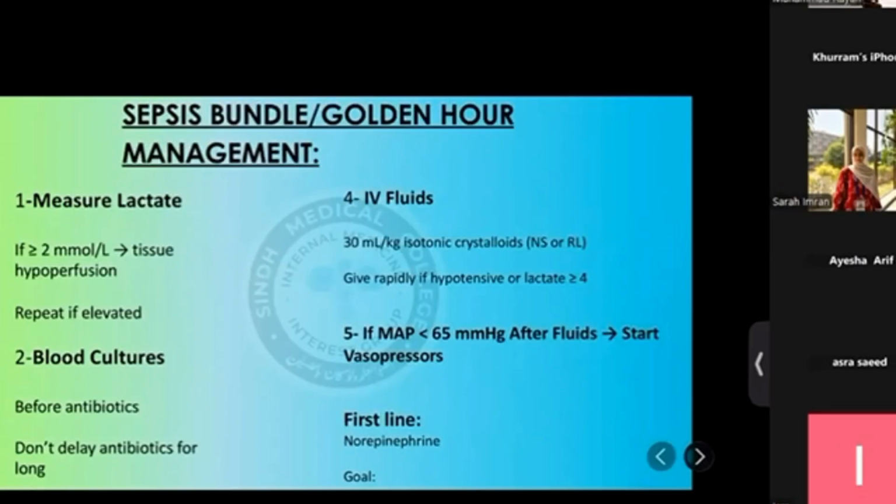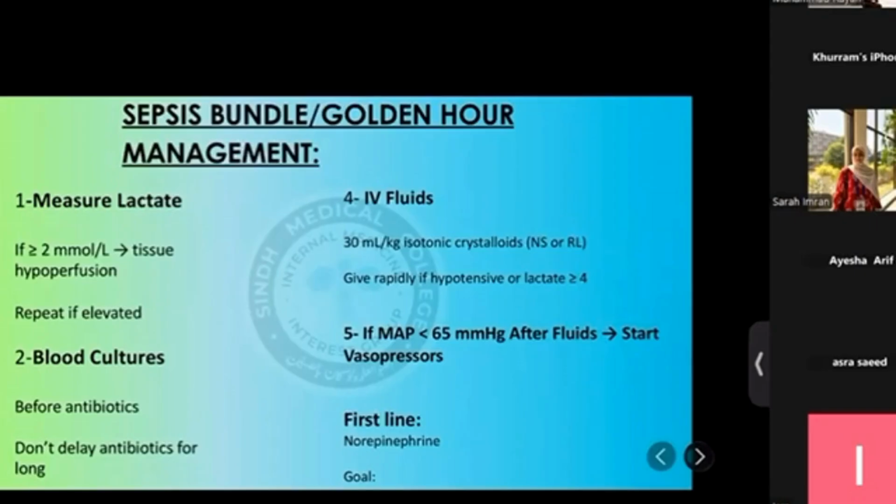So, the golden hour. As we just discussed, once your ABG is there and you have gone for the lactate level, if it comes greater than 2 millimole, you know that this is septic shock. And once you know this is septic shock, you have to be very quick in the management. You have to send the blood culture there and then, and only then start IV fluids.